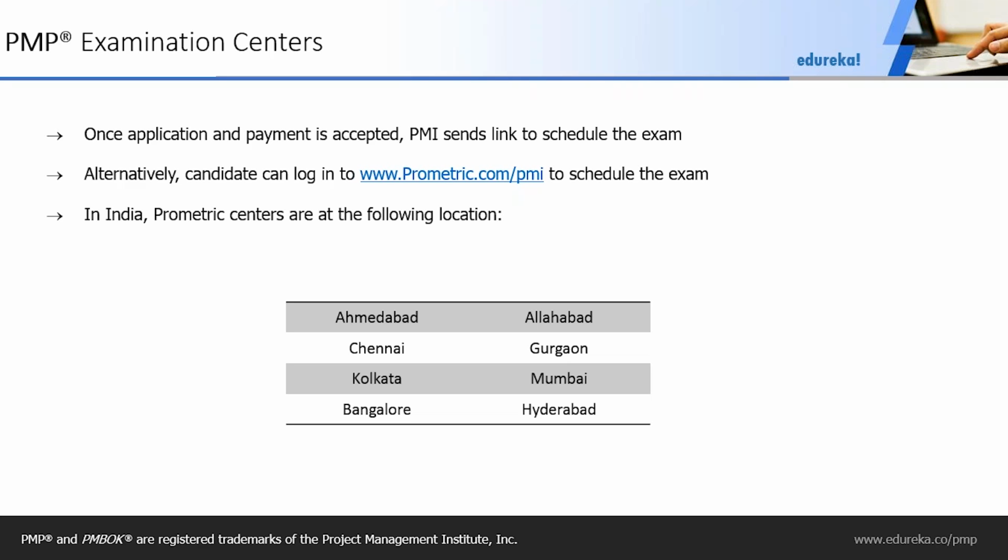You need to check with PMI for the availability of paper-based examination in your city. PMI is the only source or the single source of truth when it comes to any information related to examination. Log into their website, feel free to ask any question to them regarding the centers and all.